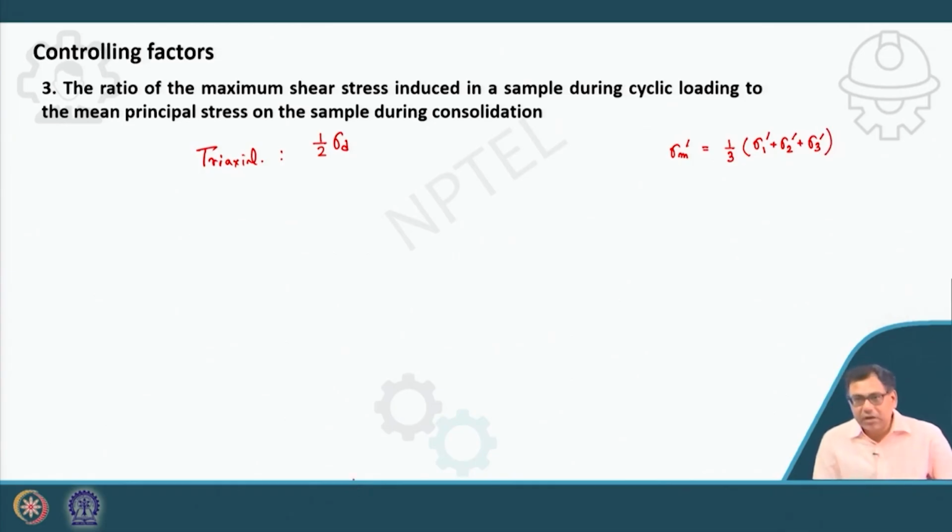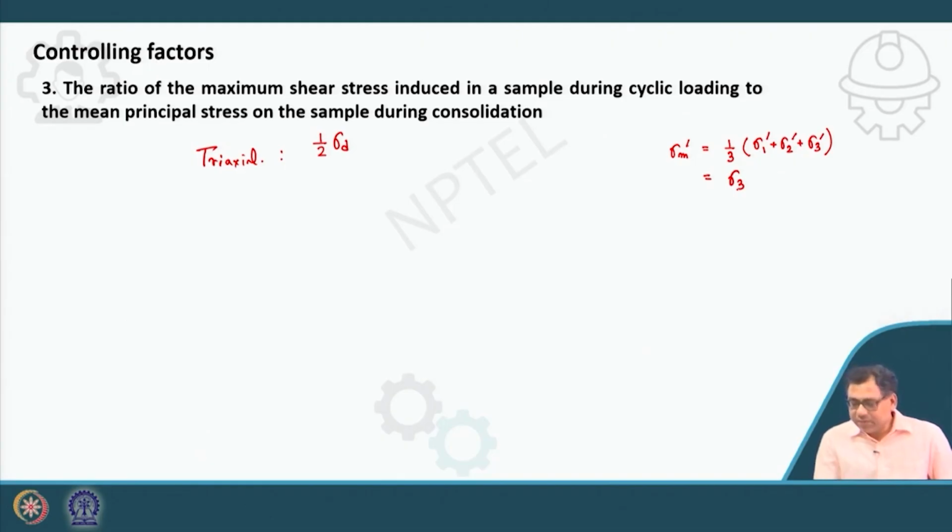But during consolidation of a triaxial sample, all the stresses were sigma 3. So the sigma 3 bar will be sigma 3 only.